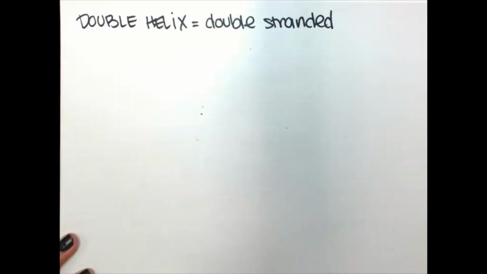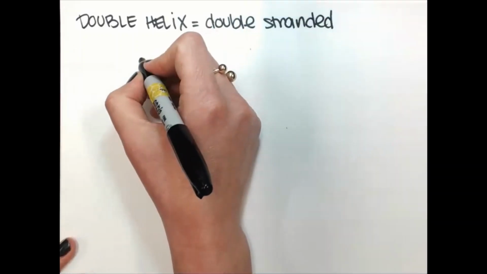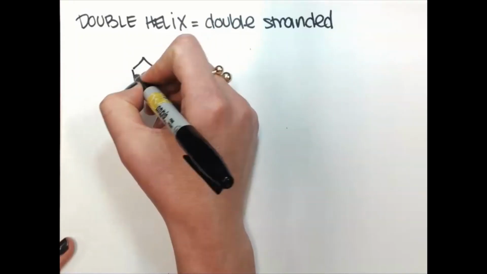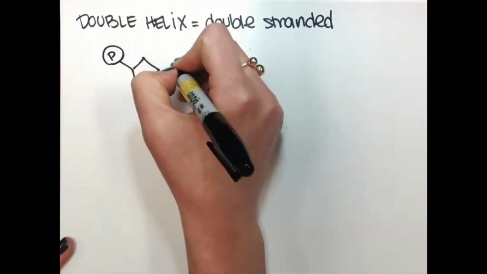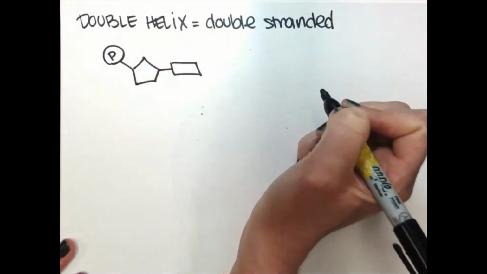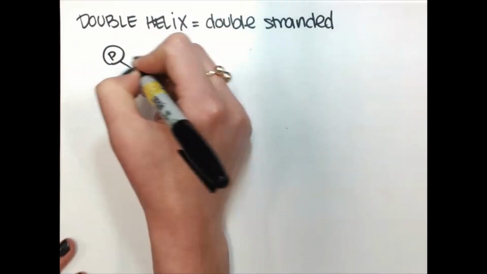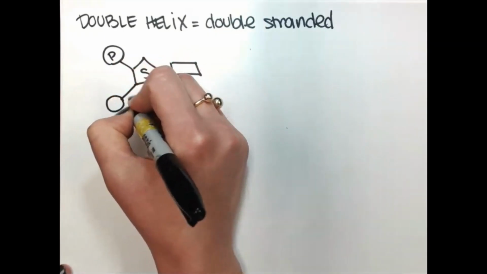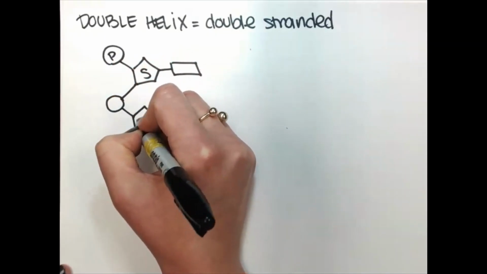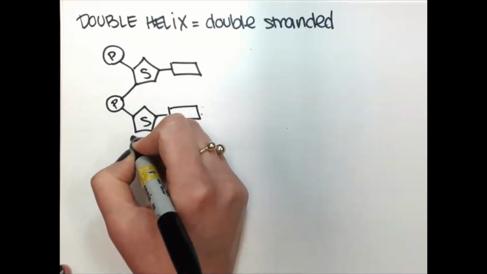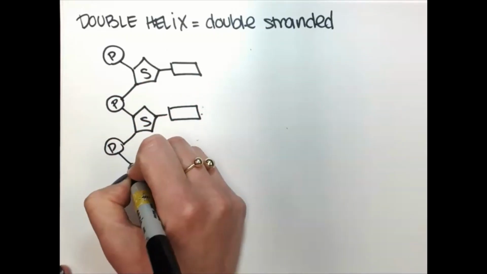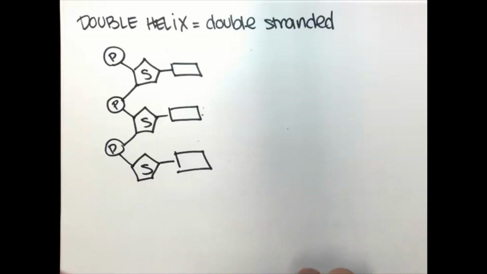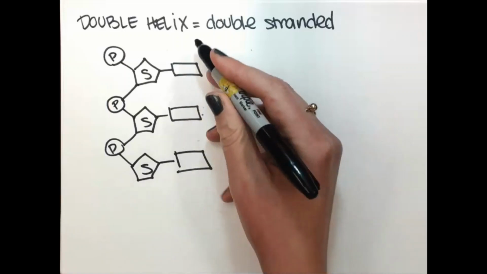It means that I have 2 chains of nucleotides, and they put themselves together in a particular way. So here's one nucleotide. So there's my sugar, my phosphate, and here's one of the nitrogen bases. It attaches to another sugar, phosphate, nitrogen base. Sugar, phosphate, nitrogen base. And this is just one strand.